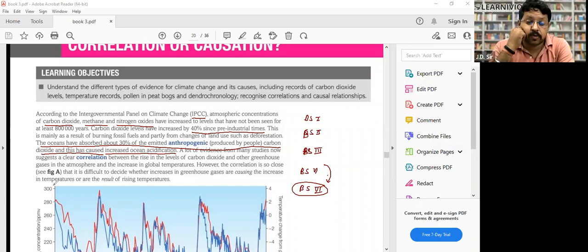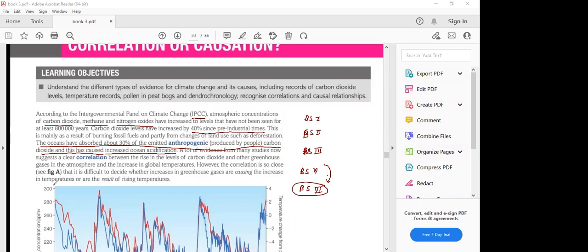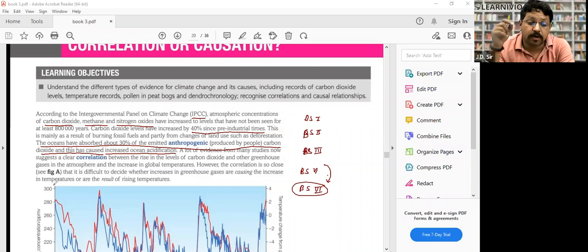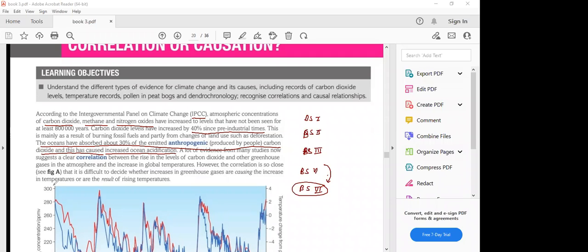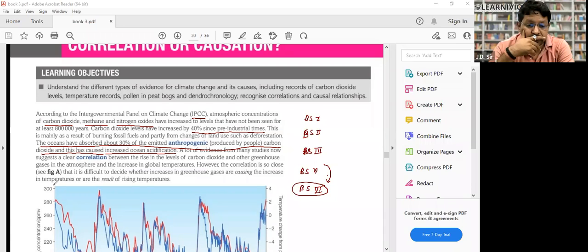The data is so close that it is really difficult to decide. The data between greenhouse gas emissions and increasing temperature. Oh, okay. Got it.